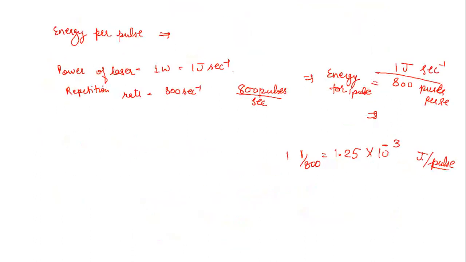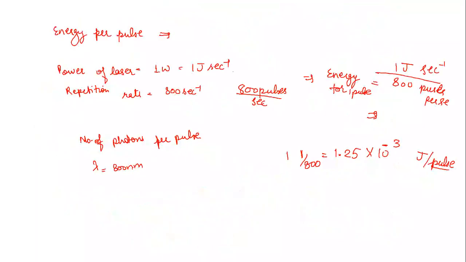Now the second thing, if I ask you to calculate the number of photons per pulse. Suppose, let's consider a single photon which has a wavelength lambda of 800 nanometer, right?